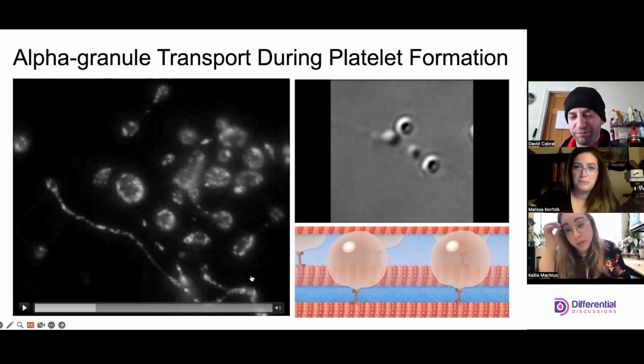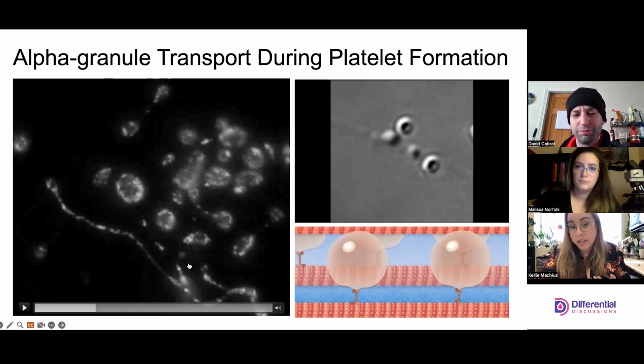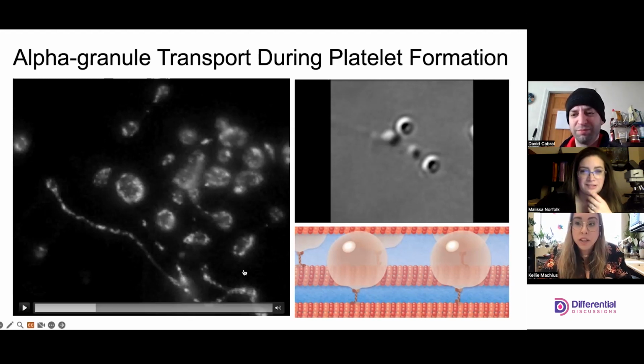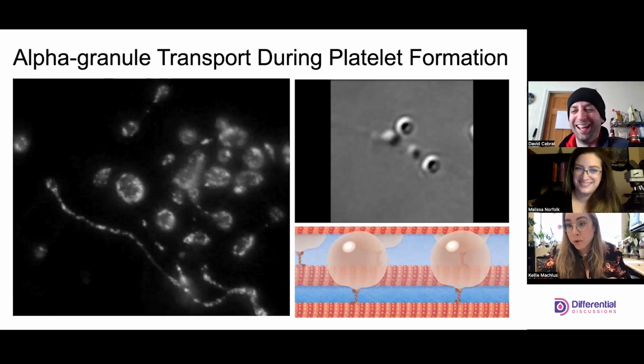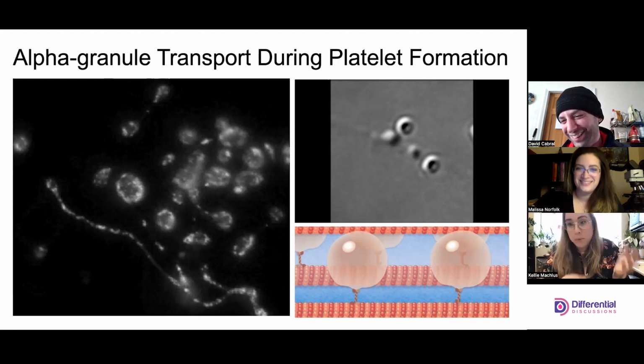We don't really know, because in the cell body they're in these multivesicular bodies, and then they're transported along these microtubule highways, and we don't really know where the sorting center is. If it's literally along the proplatelets, if there's like a little Amazon stop before they get onto the proplatelets, we have no idea.